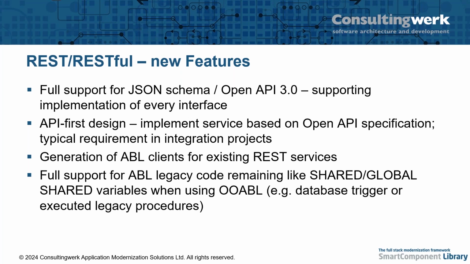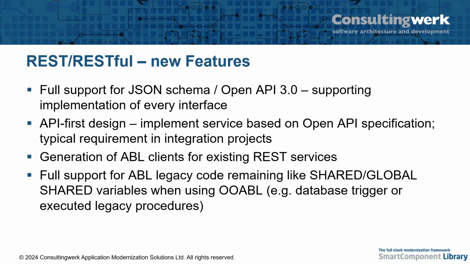That means if you are in an integration project and the other party is saying, here's our OpenAPI specification, this is what you need to provide so that we can talk to you, then we can use that specification, which is typically a JSON document, to generate an empty backend implementation. Then you can start just adding the connection to existing logic and data into the API, but you don't have to deal with any of the API specifics.